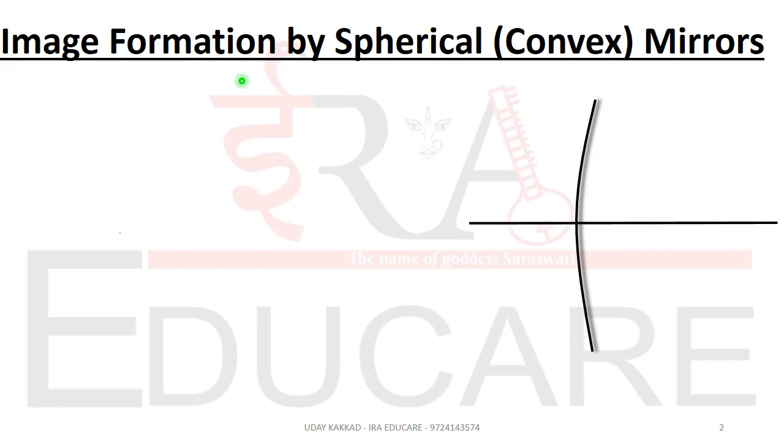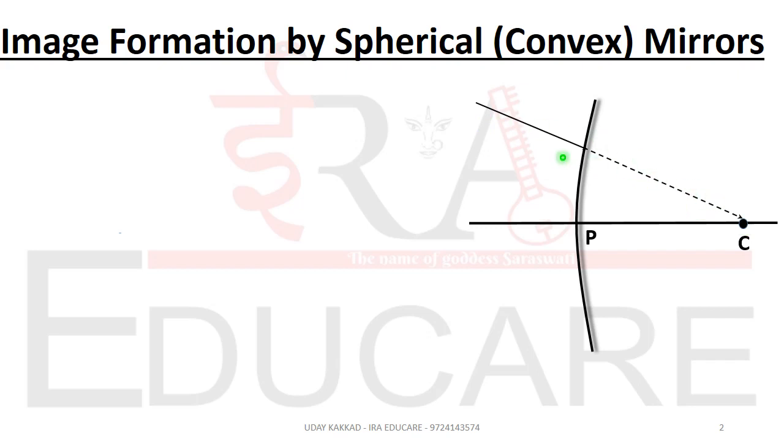This is your principal axis, this is your pole P, and this is your center of curvature. Now an incident ray is passing through the center of curvature C, right? So it looks like that.